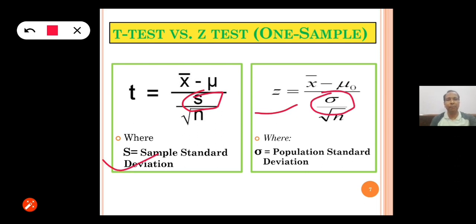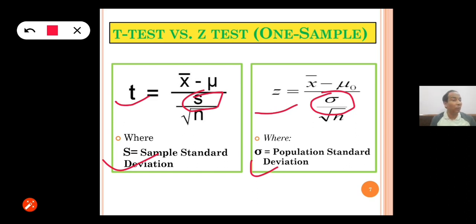S is the sample standard deviation, whereas sigma is the population standard deviation. In case the sample size is less than 30 and the sample standard deviation is given, the t-test can be applicable. Whereas when the sample size is large and the population standard deviation, that is sigma, is known, the z-test is applicable.